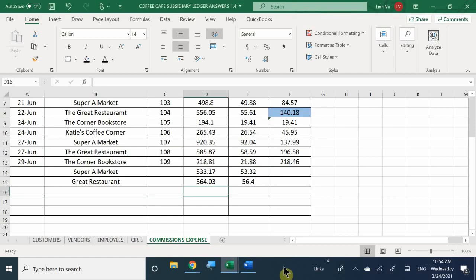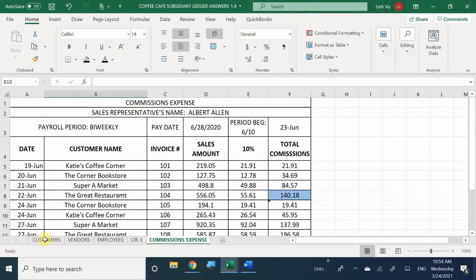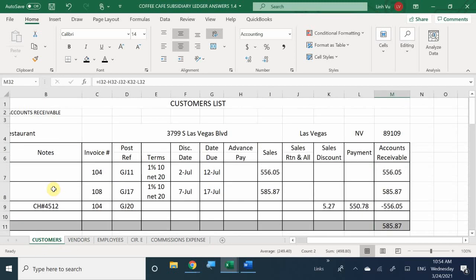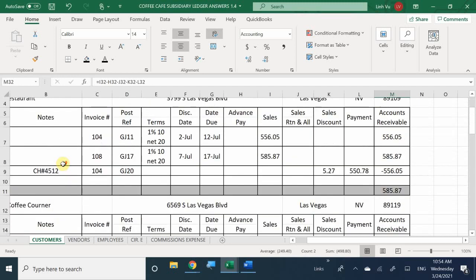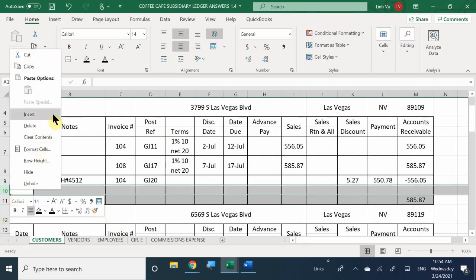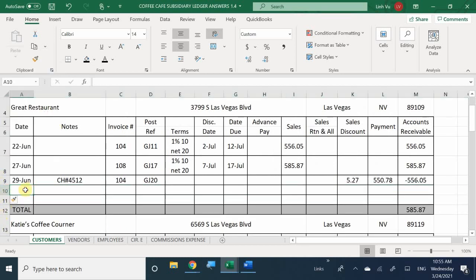Yes, we just billed our person, Mr. Great Restaurant. So it should be vendor at customers. Top of the line, or first table up there should be Great Restaurant. I'm going to insert one for safety measures, I just want to add one.